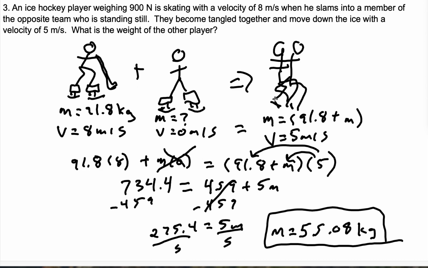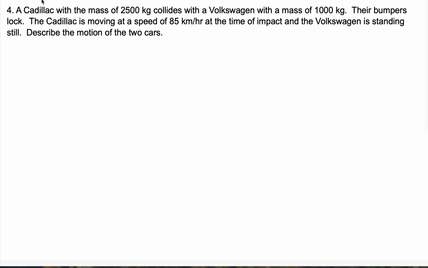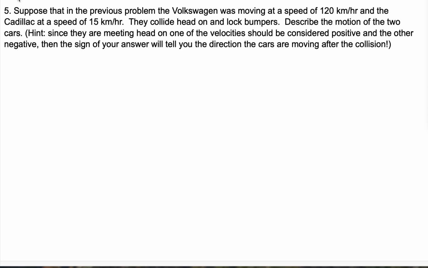And so someone asked me if I could do number 5. Number 5 actually has to do with number 4. It says, suppose that in the previous problem, I have a Volkswagen moving at a speed of 120 kilometers per hour and the Cadillac moving at a speed of 15 kilometers per hour.